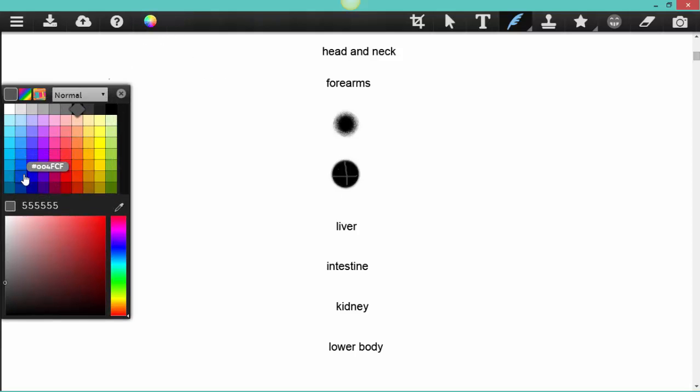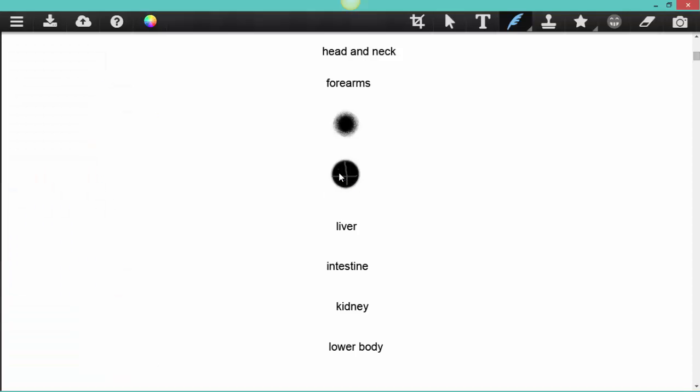So, taking blue for vena cava or veins, the superior vena cava is going to be connected to the head and neck and forearms. It brings in blood from these two places. And the inferior vena cava brings blood from the regions below the heart, which is going to be the liver, the kidney, and the lower body.